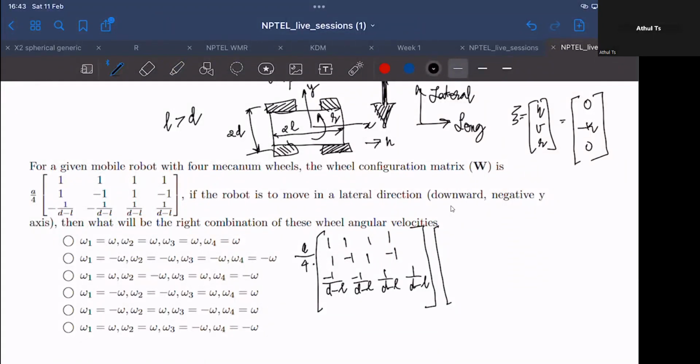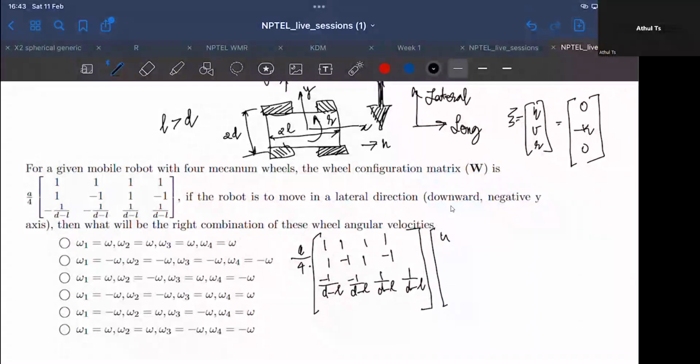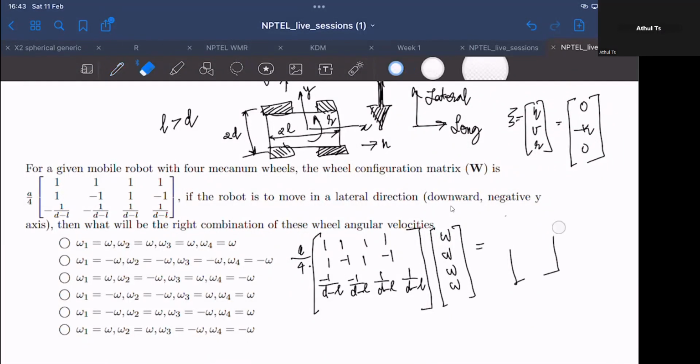If you take the first case, where omega 1, omega 2 and so on are all positive omegas, this obviously won't be the case, because if you multiply out the first row itself, it will be A by 4 times 4 omega. That is non-zero, which is not the case we want. If we consider the second case, it is nothing but all the directions being reversed.